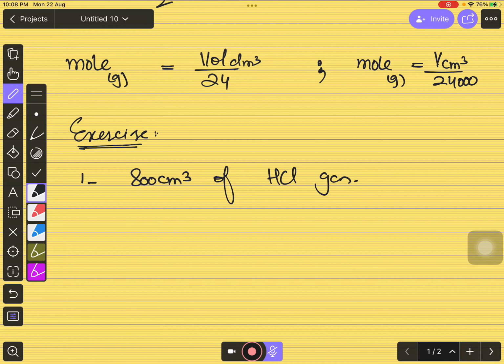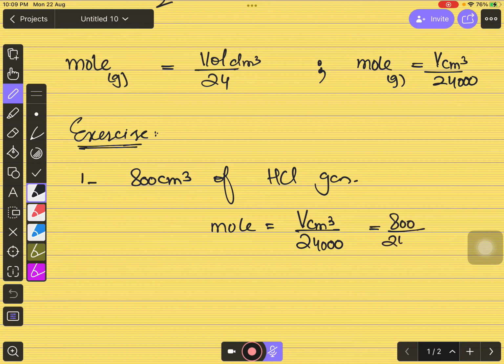But right now we are on step number 1, so we are learning how we can use the simple formula. Right now I gave you 800 centimeter cube volume of gas, and you know that whenever the volume of gas is given to us in centimeter cube we can find out the number of moles. Volume अगर centimeter cube में given हो तो बच्चों इसको 24,000 से divide करा देंगे, हमारे पास moles आ जाएंगे.